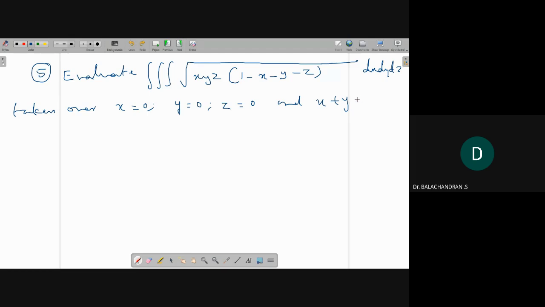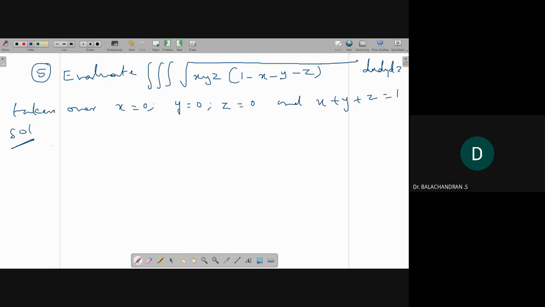Here, just to give a hint, you can try. I think it is in the form of x plus y plus z equal to 1.